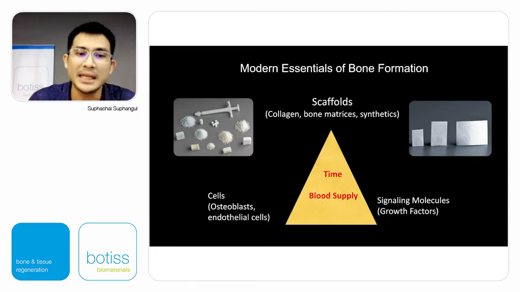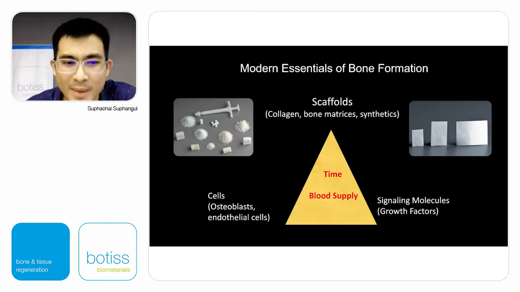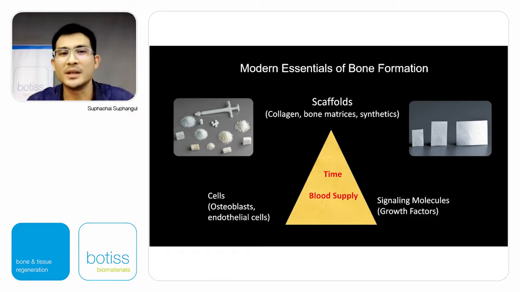First of all, they induce angiogenesis, and then osteoclasts will destroy the scaffold and build up the new bone by osteoblasts. They have signal molecules that communicate with each other and synchronize the process together.